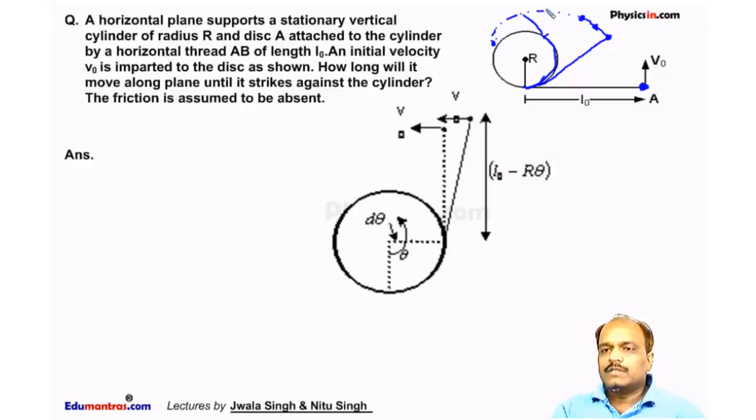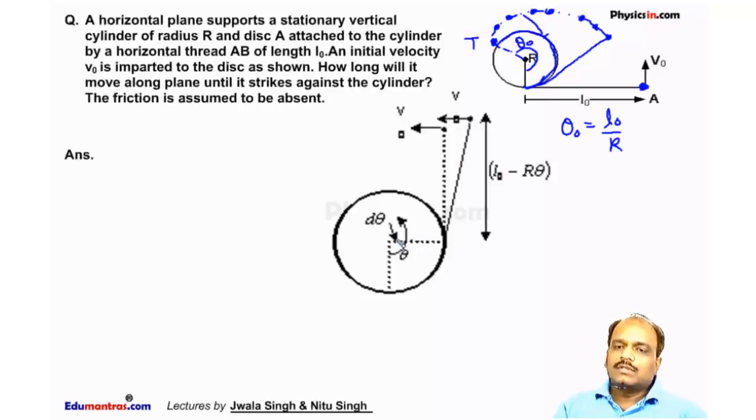After some time the particle is here, after some time it is here, and finally it strikes at time t. If it strikes at time t, this angle is theta naught, and theta naught is equal to L naught by R, because the length of this string is L naught.